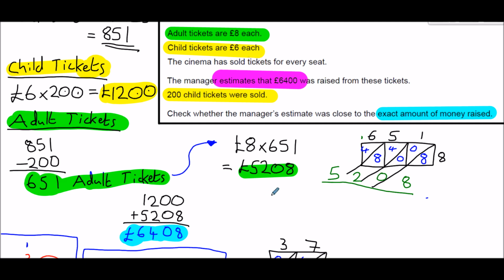So £8 out as a total of 6408. That's nothing really. £8 is a drop in the ocean compared to 6,400. So relatively speaking, his estimate is very close. So we need to just conclude by saying something along the lines of yes, his estimate is close.